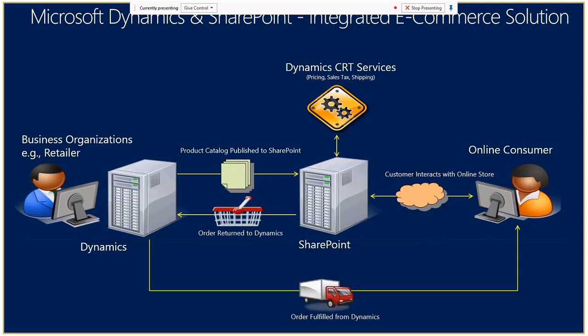The end-to-end e-commerce system is shown here in this particular diagram. What you see on the left-hand side here is Dynamics for AX. So the retailer essentially interacts with Dynamics for AX to make all the configurations, to set up the channel, to set up the catalog, to set up merchandising. So all of that is done on the left-hand side here using the Dynamics AX for Retail system.